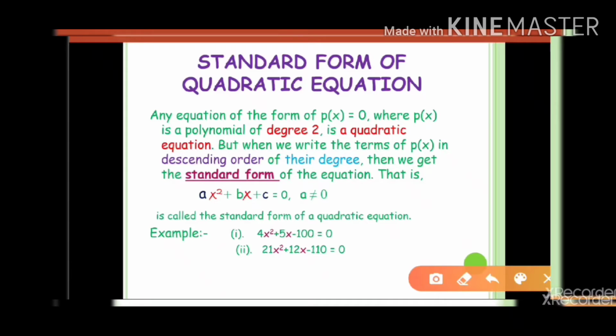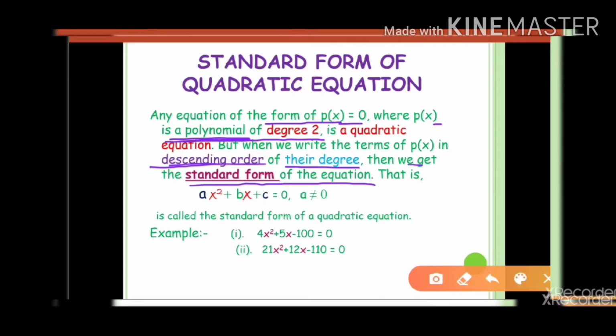Now we learn about standard form of a quadratic equation. Any equation of the form p(x) equal to 0, where p(x) is a polynomial of degree 2, is a quadratic equation. But when we write the terms of p(x) in descending order of their degree, then we get the standard form of the equation.